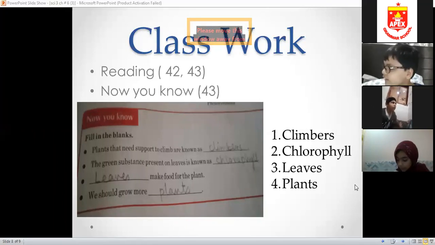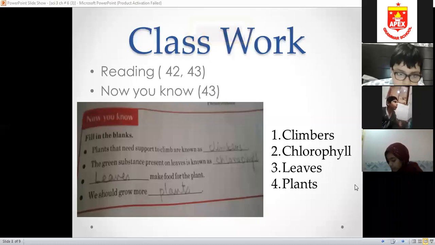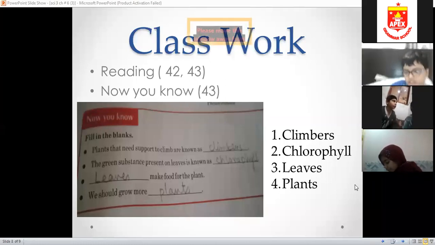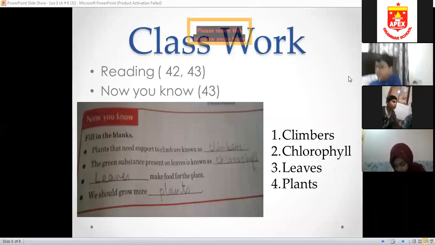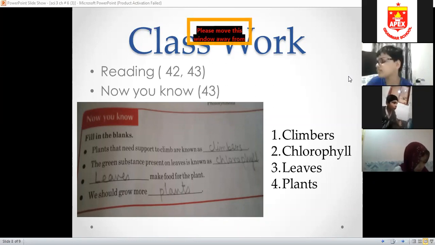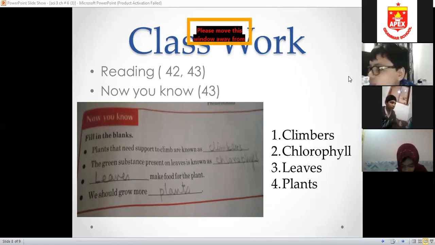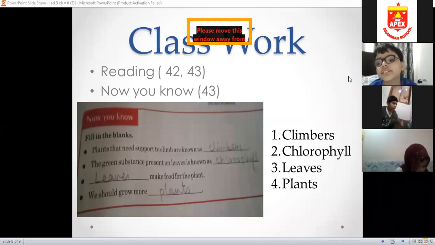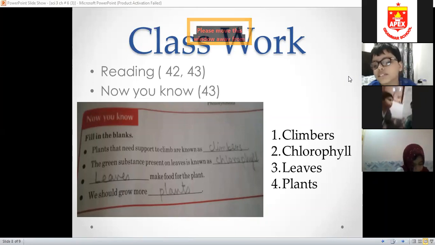Green leaves make food for the plant in the presence of sunlight, using water, carbon dioxide and chlorophyll.